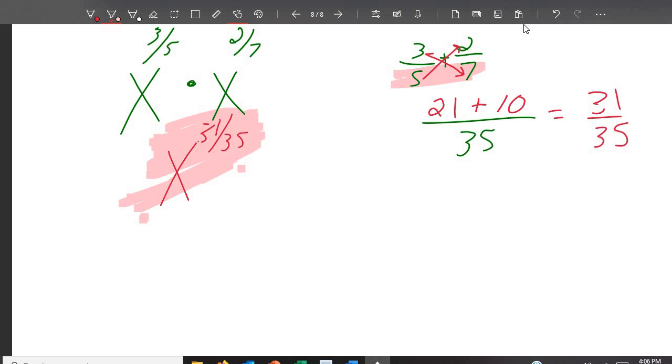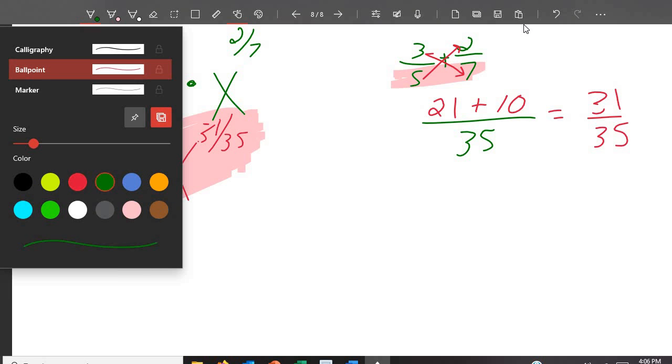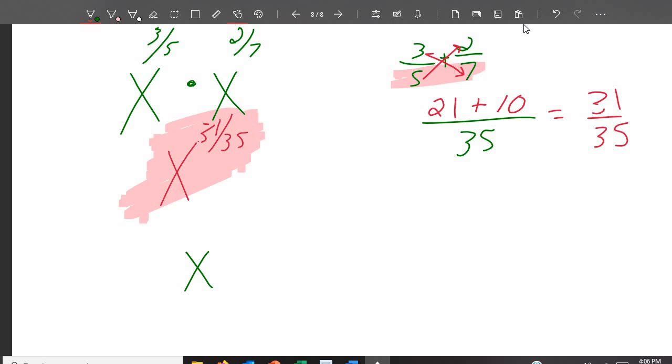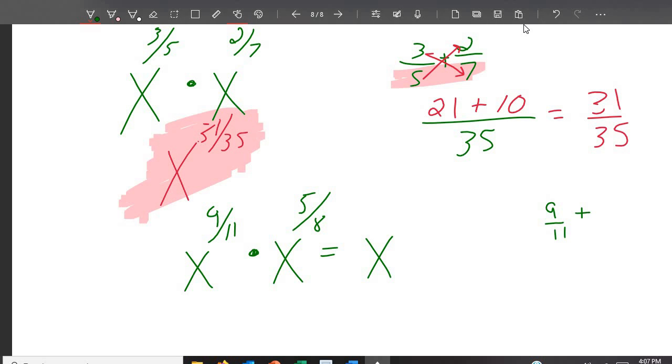I'm going to do this a few more times just so you can see. Let's say I had, I don't know, we'll do x to the 9/11 times x to the 5/8 power. Alright, so let's come over here. We're adding fractions with different denominators.